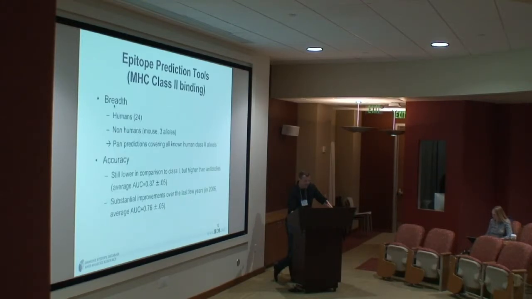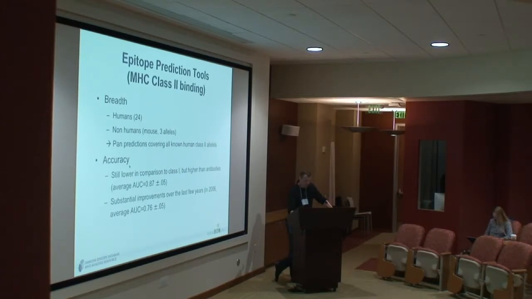For MHC class 2, we have much fewer data points available. There are 24 MHC alleles where we have good binding data sets available. We have limited non-human data, which is all mouse so far. And again, using the pan prediction concept from Morten, we have prediction data that cover all the human alleles, but nothing like that exists currently for mice or other species.